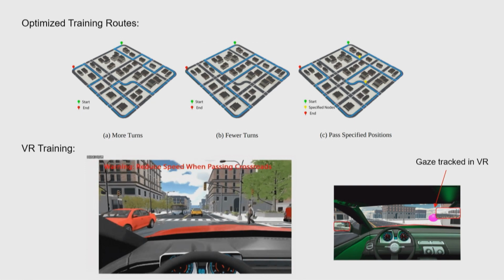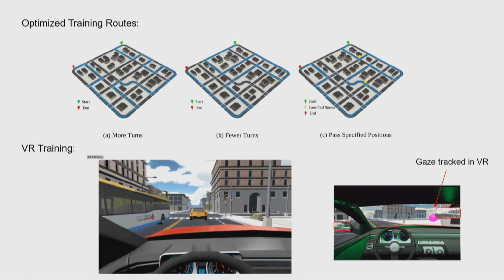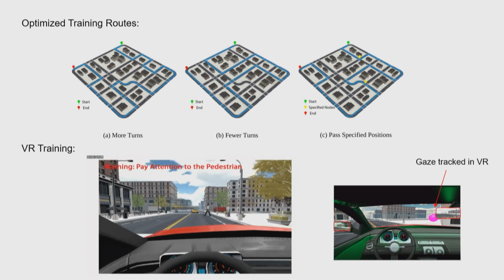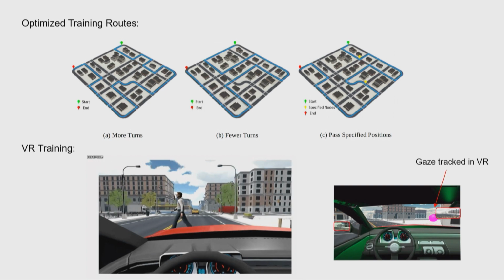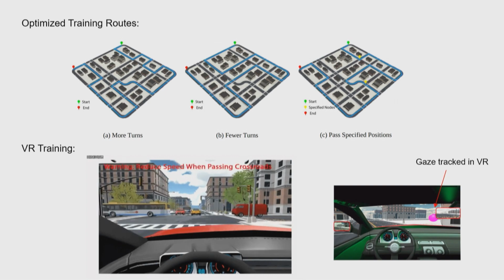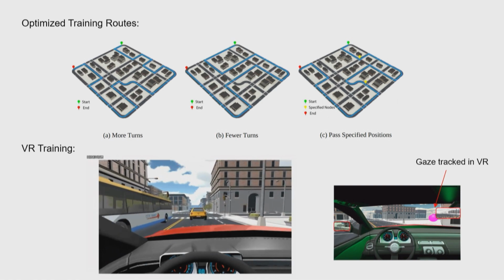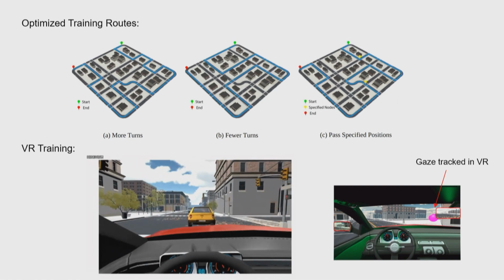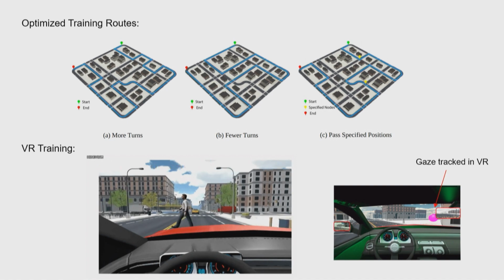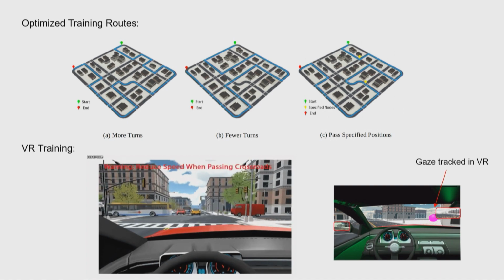Using virtual reality experience, we can easily generate this kind of instruction. Basically, we have an optimizer underneath that would generate different driving routes for the trainee based on the driving problems that the program observed.